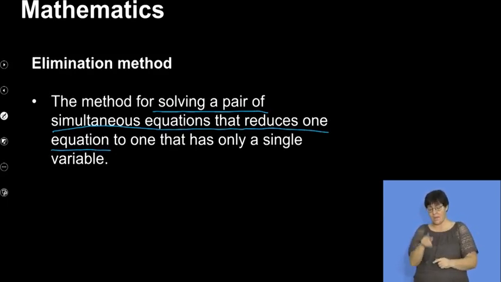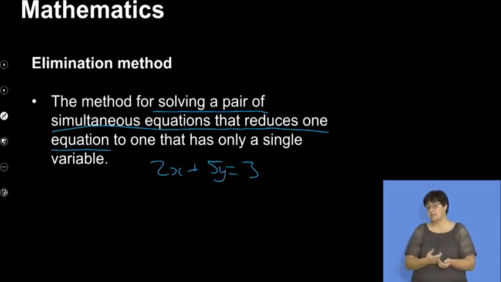Because remember, if I give you 2x plus 5 equals 3, this you can definitely do. But if I then make it plus 5y, it becomes a different story, because now you must know one variable. So elimination is such that we either get rid of the variable x, solve the y, and then substitute later, or we get rid of the y, solve the x, and then work it out later.